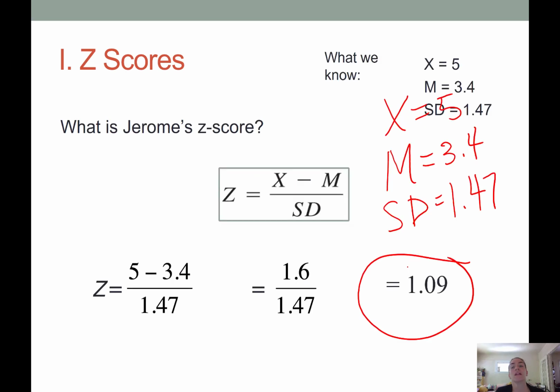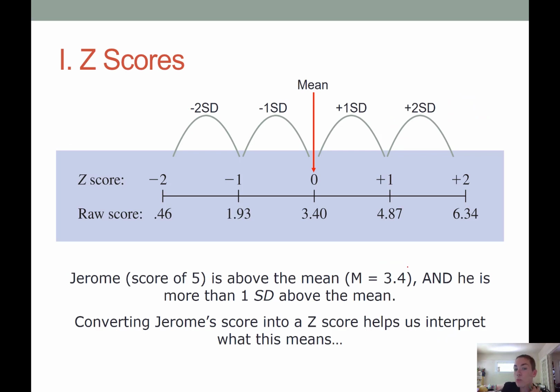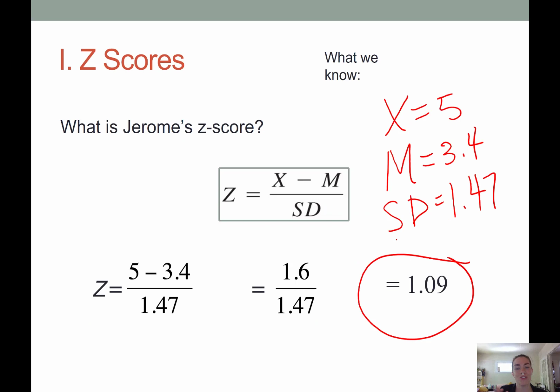Okay, so let's interpret this. What does a z-score of 1.09 mean? A z-score of 1.09 is a score that's in units of standard deviations. So you already noticed that Jerome's score equals 5, and we knew that his score was a little bit more than 1 standard deviation above the mean. So that's exactly what the z-score will tell us.